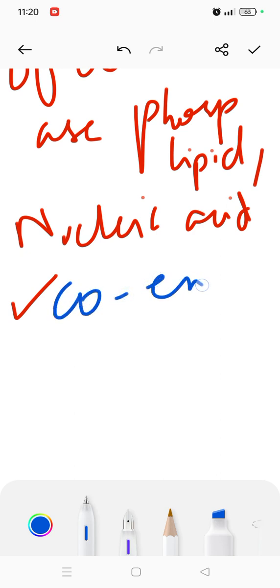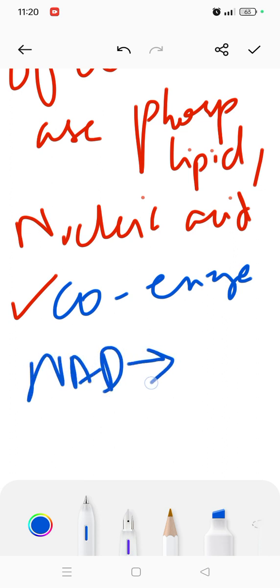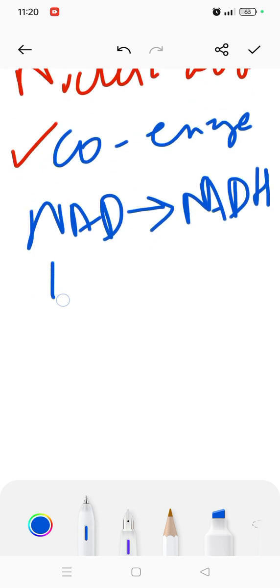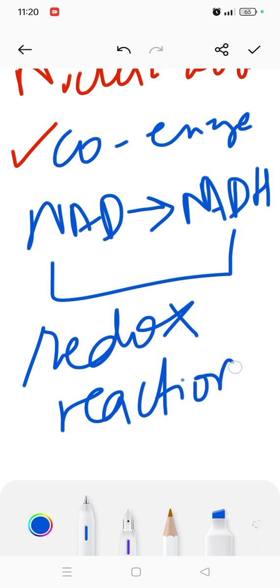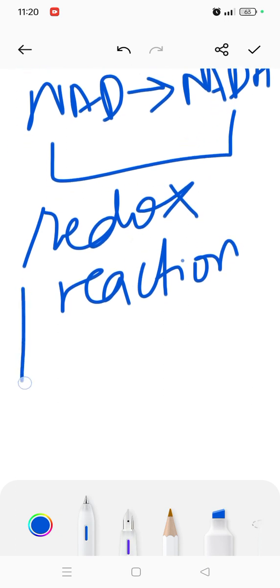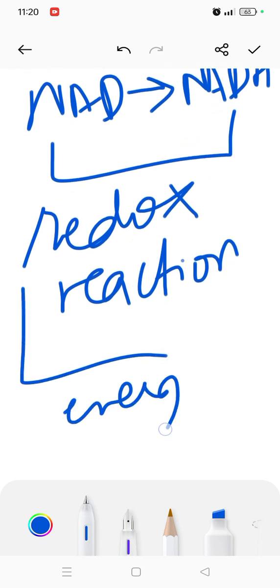This also helps in coenzymes like NAD to NADH. We simply say this is a redox reaction. This means redox reaction here is energy transfer.